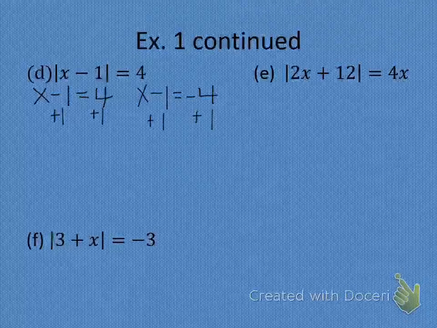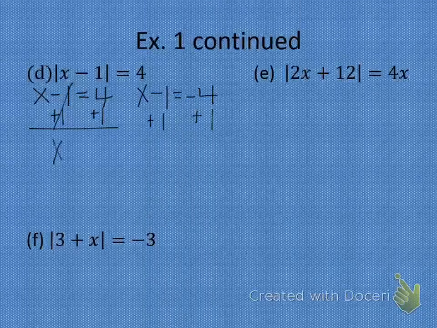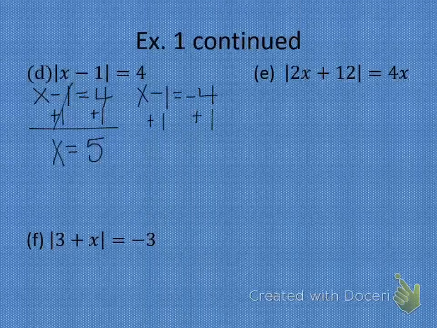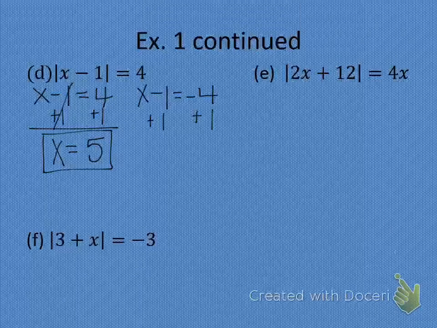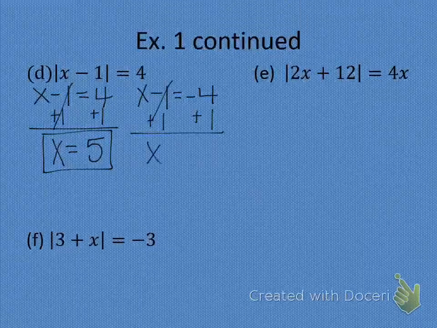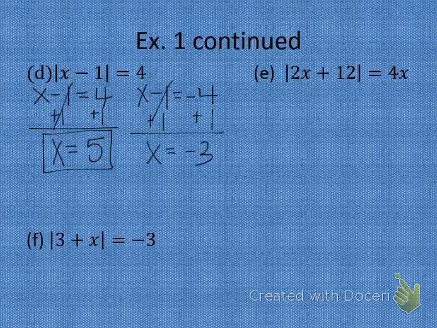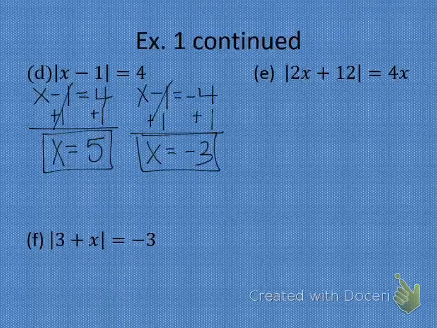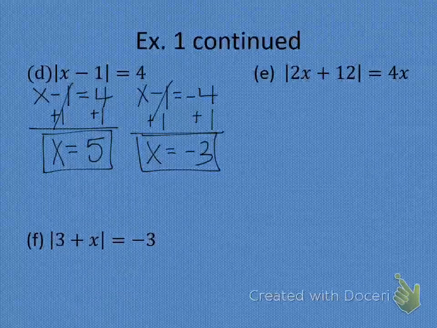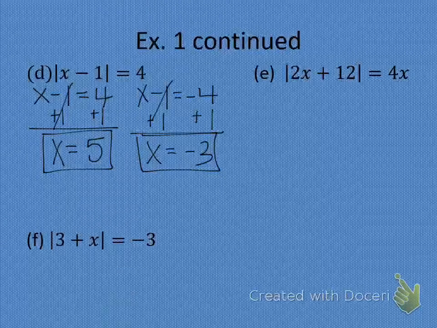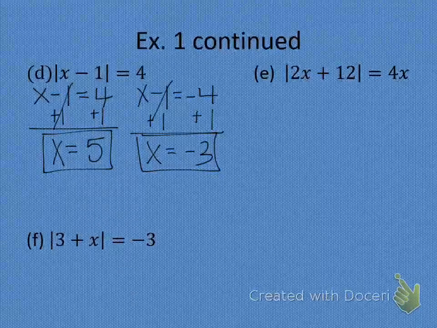Okay? But we're adding 1 to both sides of both equations. So x equals 5 and x equals negative 3. All right. So see, girls, you can't solve one equation and then give the opposite answer. Okay. It's two separate equations that have to be written.